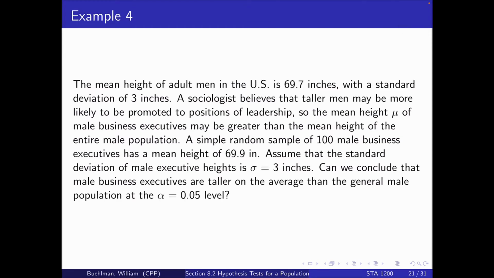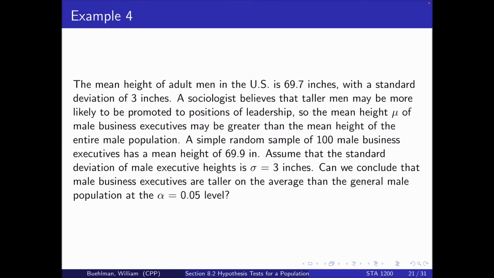Example 4. The mean height of an adult man in the United States is 69.7 inches, with a standard deviation of 3 inches. A sociologist believes that taller men may be more likely to be promoted to positions of leadership. The mean height mu of male business executives may be greater than the mean height of the entire male population.